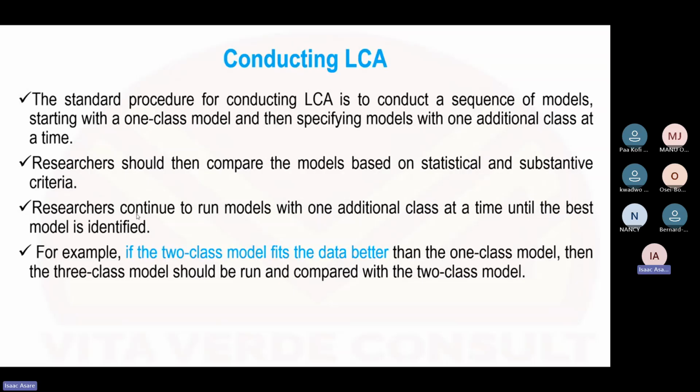You can't have class 2 as the best when you have not done class 3, or class 3 when you have not done class 4. For you to be able to say that class 2 is the best to fit the data, you should do class 3. Then you can do the model comparison. You'll be comparing class 2 with class 1, and then class 2 with class 3. Then you can decide on the best model to fit the data set.